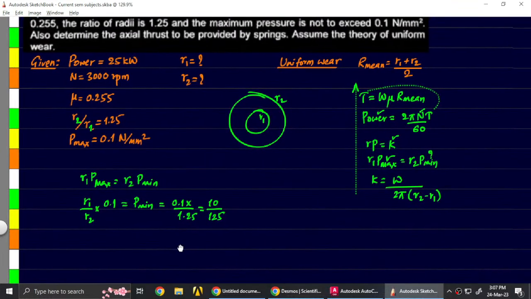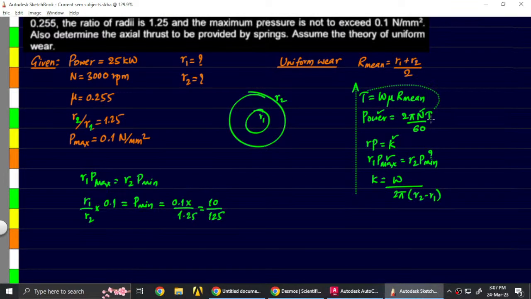How are we supposed to find this? Alright, so we need to find another relation. Let's take the power relation. So power is 2 pi n T by 60.